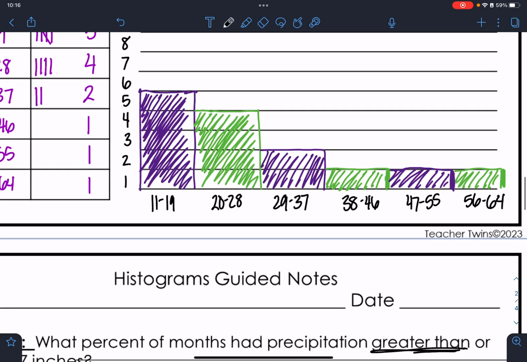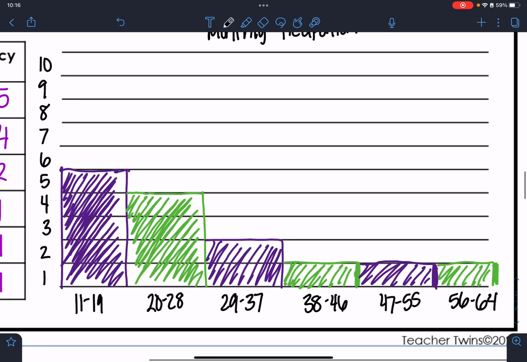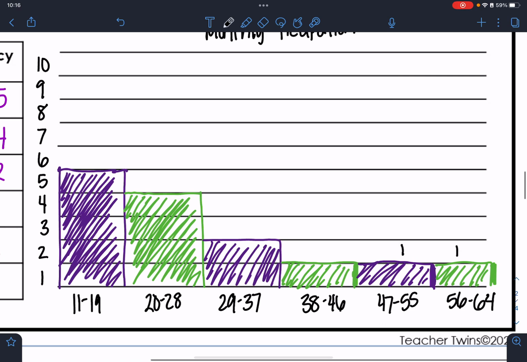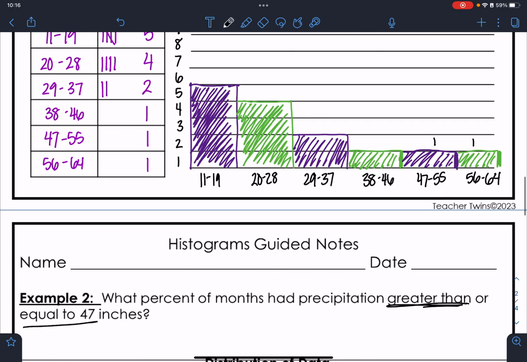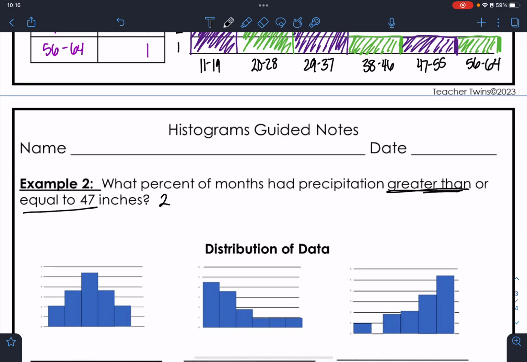If we go back up to my picture, here's that 47. So I had one that was in this category higher than 47, but this category is also higher than 47. So we really have 2. There were 2 numbers that were higher than 47.